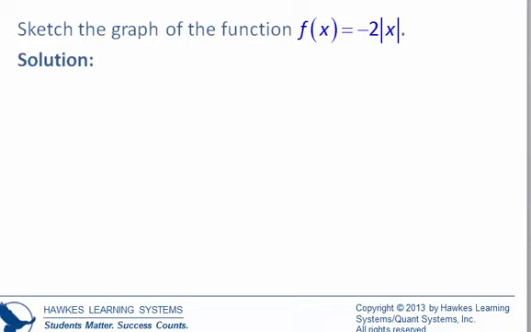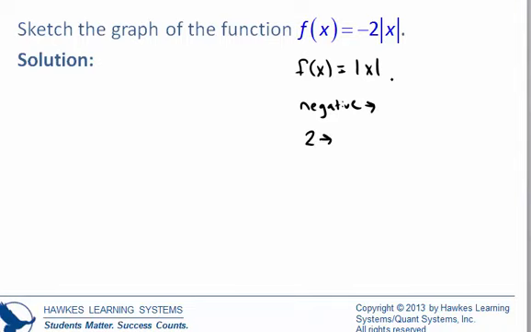Our first example asks us to sketch the graph of the function f of x is equal to -2 times the absolute value of x. When I compare my given function to the function that we looked at the graph of just a second ago, we see that the differences are we have a negative and we also have a 2.